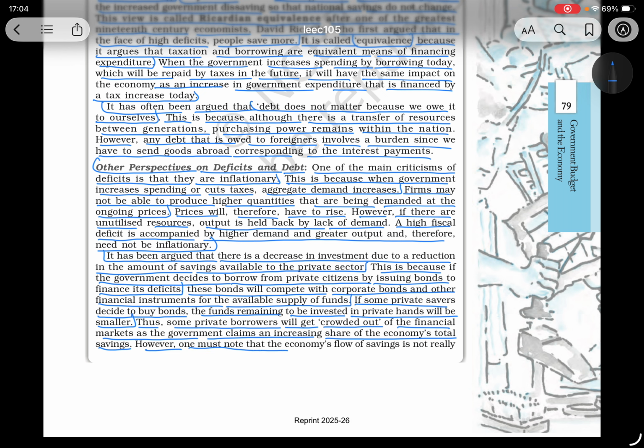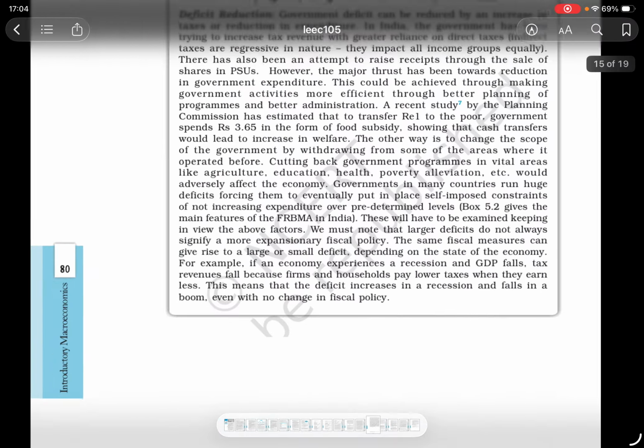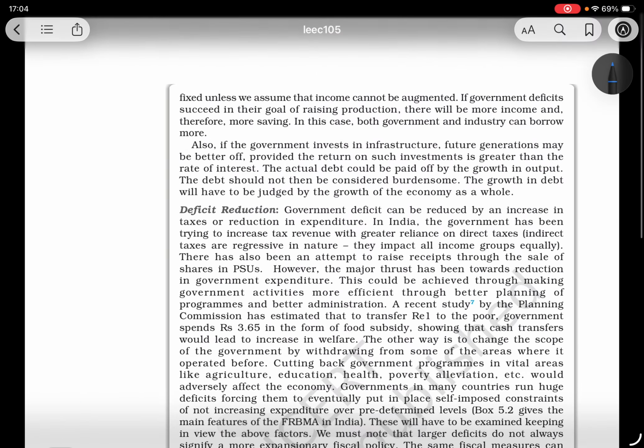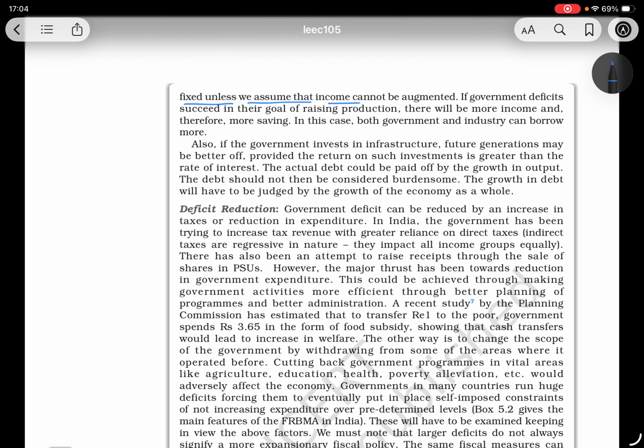However, one must note that the economy's flow of savings is not really fixed unless we assume that income cannot be augmented. If government deficits succeed in their goal of raising production, there will be more income and therefore more savings. In this case, both government and industry can borrow more.